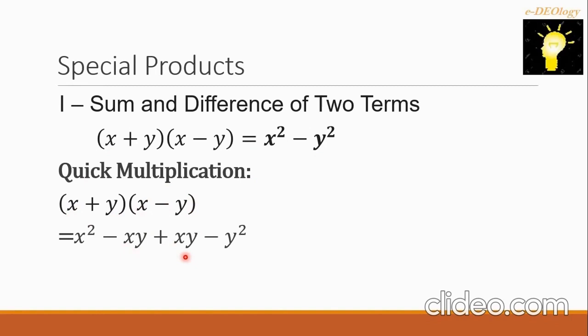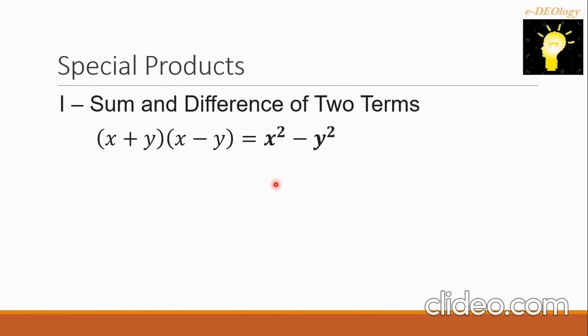So we'll put xy, and y multiplied by negative y, we will get negative y squared. Then we can see that we can cancel the negative xy and the positive xy here. So copying the remaining terms, x squared and then minus y squared. And we can see that this product is the same with our formula here.